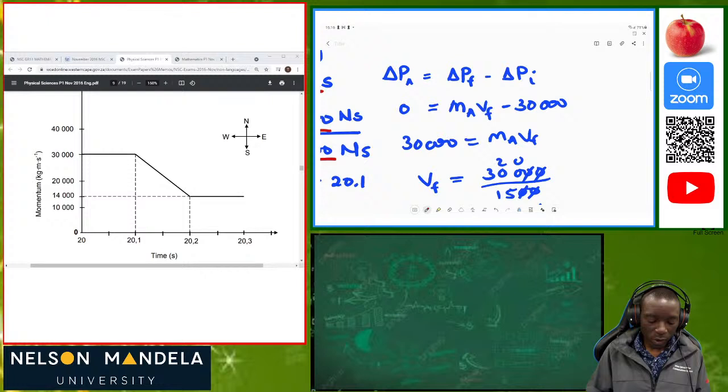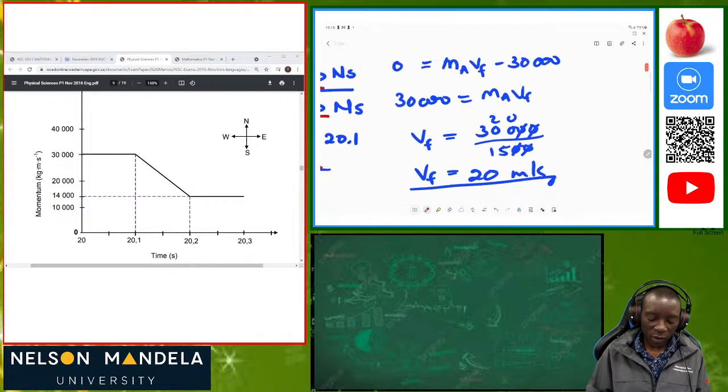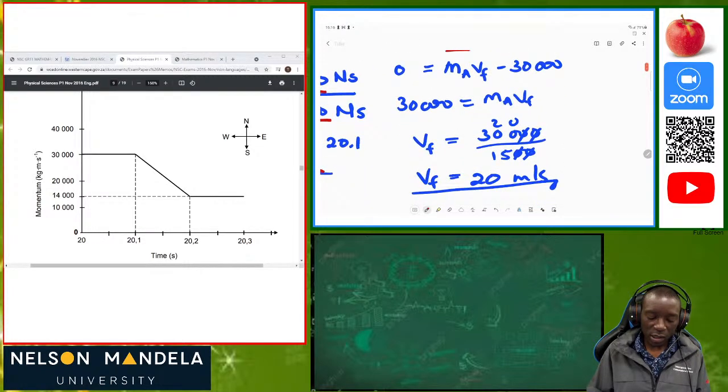it means the change in momentum there is 0, and it should be equal to the final momentum, which is the momentum just before collision, and the initial momentum, which is the 30,000 that we can see. So that will give us an equation where 30,000 equals mass times velocity, and the mass for A, we know the velocity will be 20 meters per second.